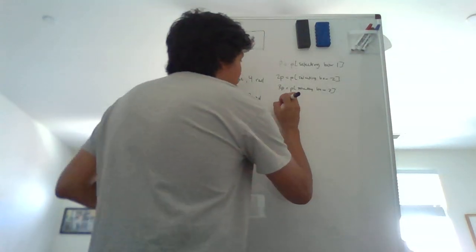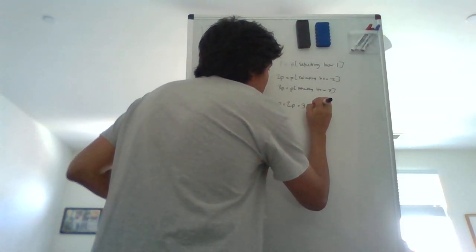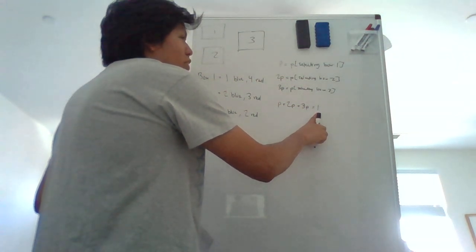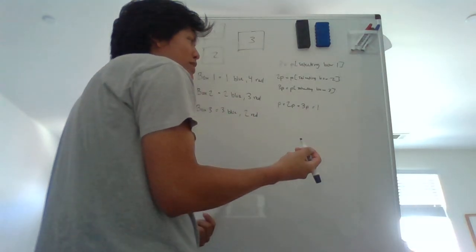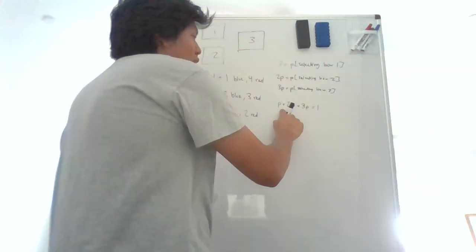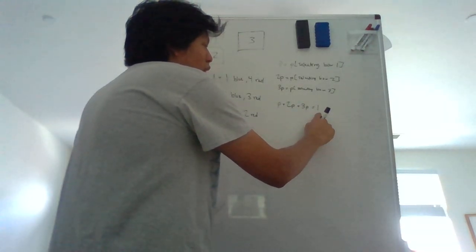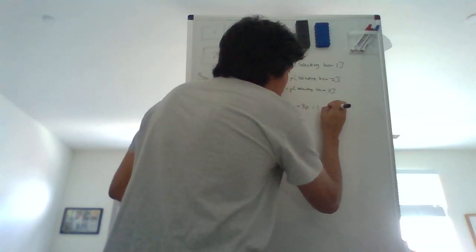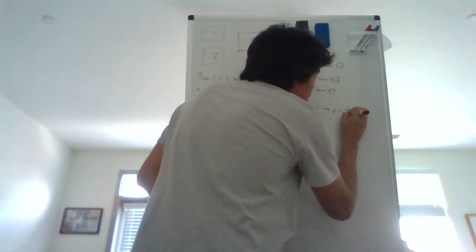So P plus 2P plus 3P is equal to 1. 1 is the total probability of a box being chosen, which in this case is 100%. There is a 100% chance of us choosing a box. But we have to add up the probabilities of each box individually, and we get 1. And if we solve for P, we get that P is equal to 1 over 6.